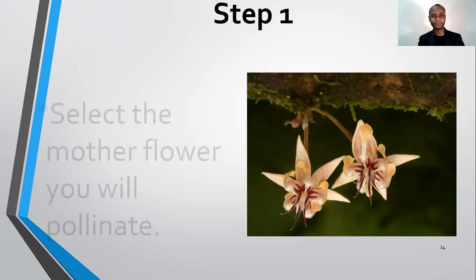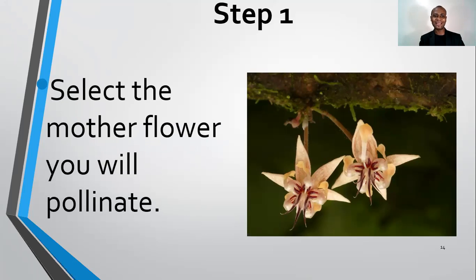Now let's look at step one. You have to select a mother flower you want to pollinate. Which means you can divide your farm into blocks, and then you get flowers from one area, move them to another area, and pollinate them there.